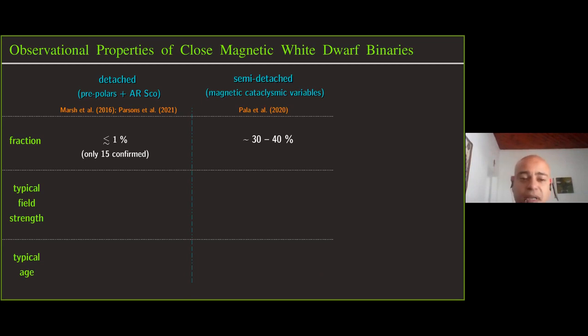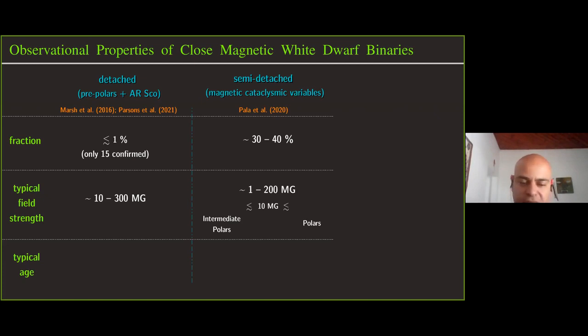In the detached population, less than 1-2% of them are magnetic. On the other hand, in the CVs, 34% are magnetic, and this seems very problematic if you imagine that this detached population will become the CVs. If the detached magnetic systems will become the magnetic CVs, these fractions are not consistent with this evolutionary picture.